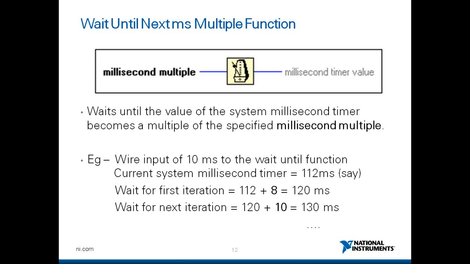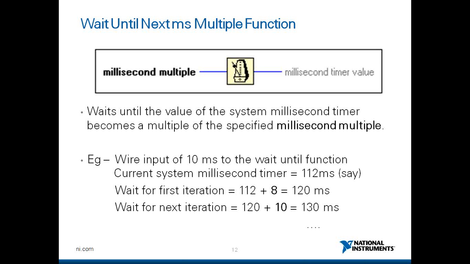So this particular function, wait until next multiple, will very intelligently look at what your current system time is. And based on what the current system time is, it will add an appropriate amount of time for the first iteration to make the system time a multiple of the value that you have mentioned.